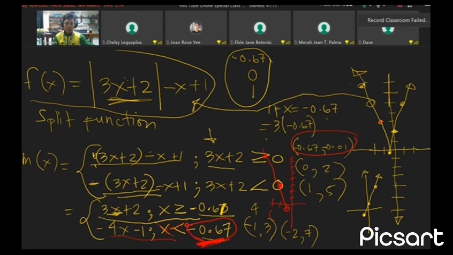It should be less than negative 0.67. But since this split function comes from a single function, this graph must be connected to this graph.